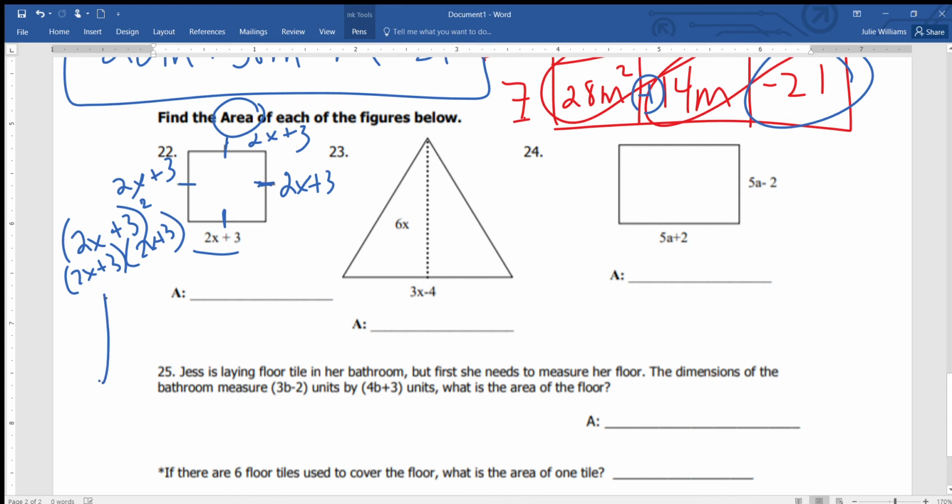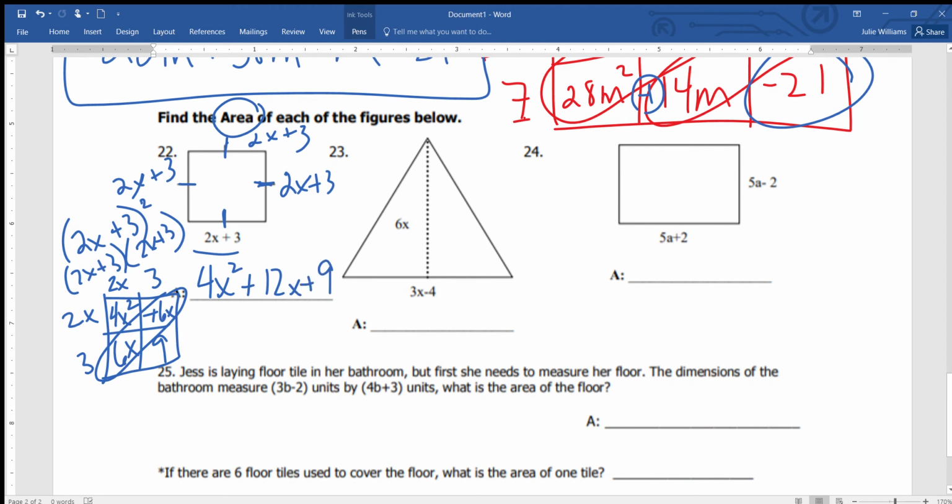So if I were to use the box method, it can be a little tight here. So it's going to be 4x squared plus 6x, 6x, and 9. So combined, these are like terms, so combined is 4x squared plus 12x plus 9.